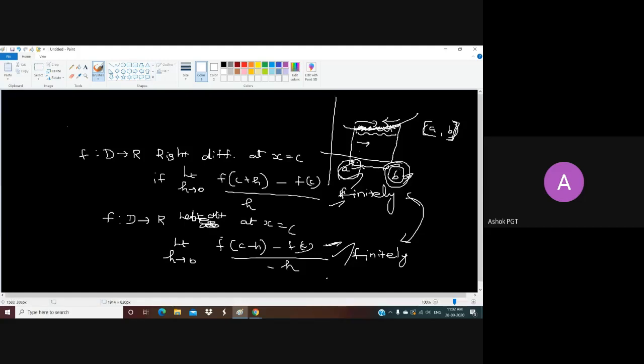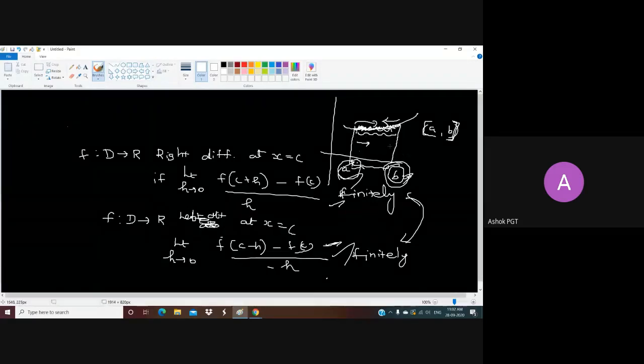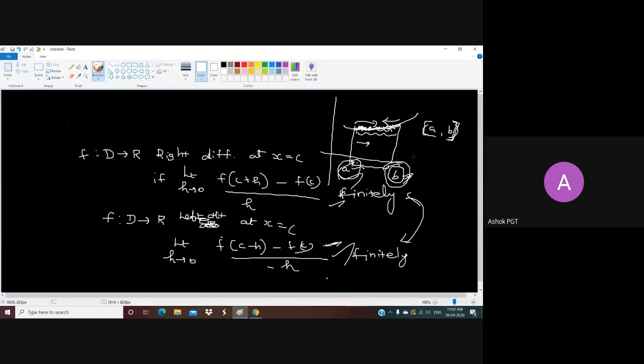That means the limit as h tends to 0 of (f of b minus h minus f of b) divided by minus h exists finitely. Students, are you clear with the open interval and closed interval differentiability concepts? Yes, sir.